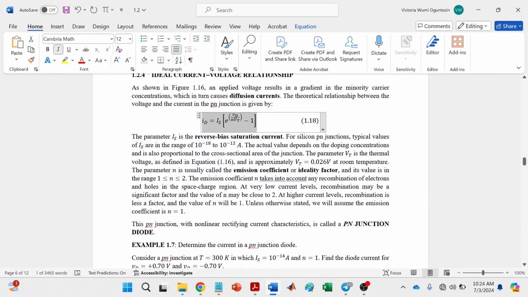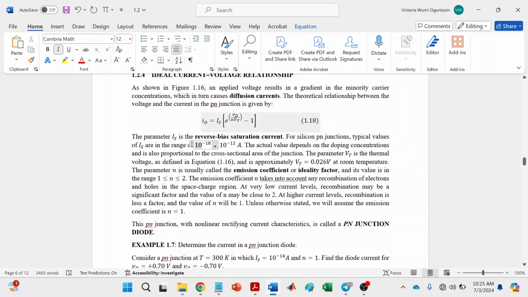This equation describes the relationship between the voltage and the current. IS here is called the reverse bias saturation current, and is in the range of 10 raised to the power minus 18 to 10 raised to the power minus 12.